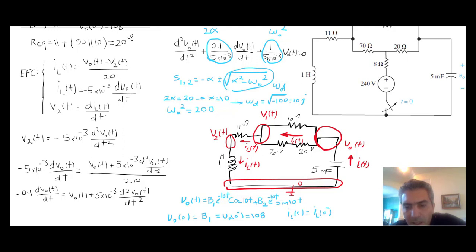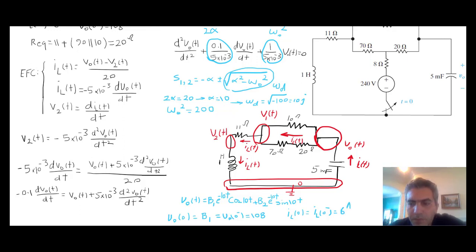The current of the inductor can't change immediately, and that's from this equation that I have right here, which relates that to the voltage of the capacitor. So I'm going to take the derivative of this and multiply it by minus 5 times 10 to the minus 3, and then at t equal to 0, equate that to 6 amps, and I get another equation for B1 and B2.